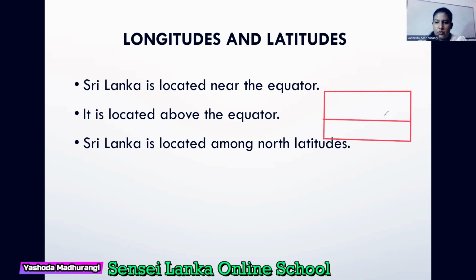Now I am going to draw Sri Lanka. If this is Sri Lanka, we are located above the equator. Can you see? We are located above the equator and also near the equator. Then we are located among the north latitudes.